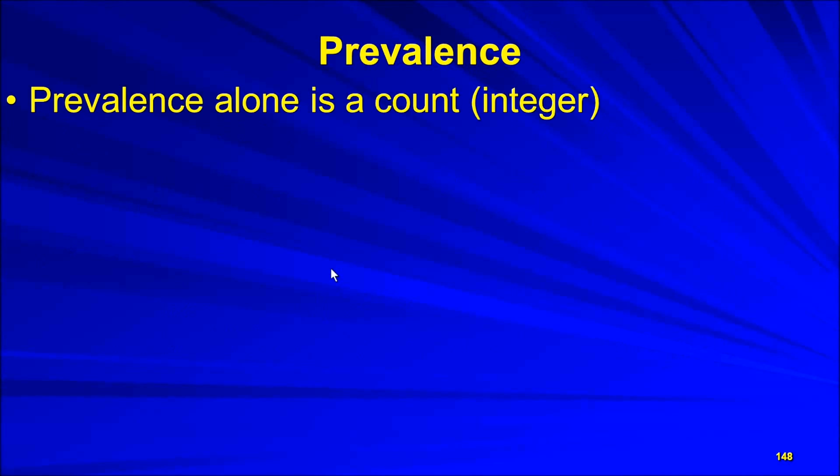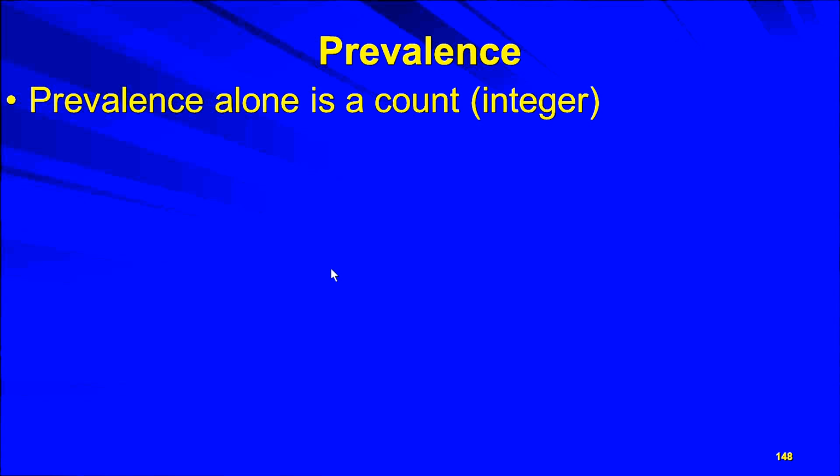Okay, prevalence. Now remember, prevalence alone is a count. So if I ask you what is the prevalence, you're going to give me a count. Now, prevalence means something in particular and is more comprehensive than the term incidence.